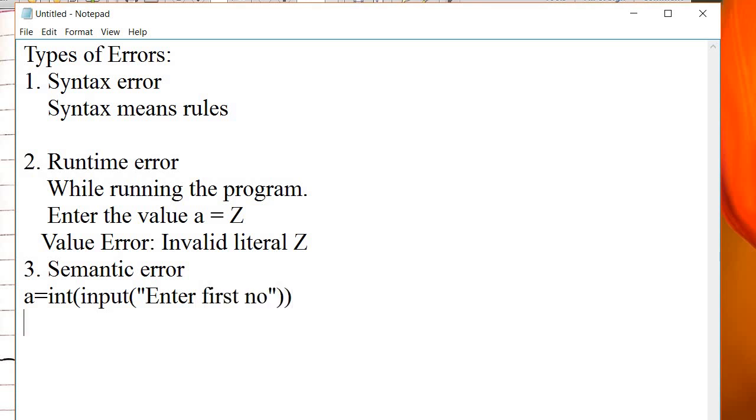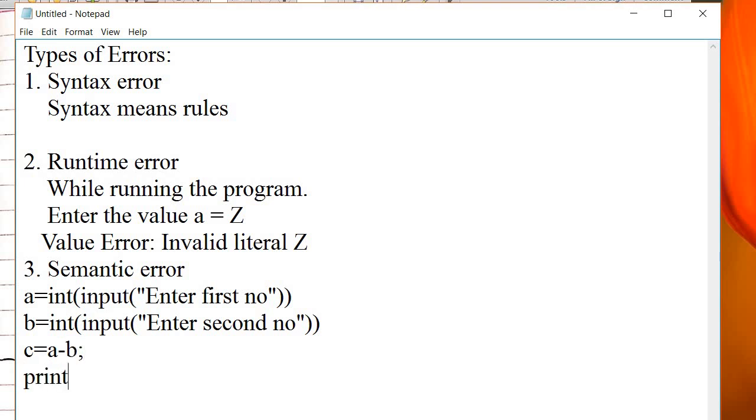Then b equals int of input, enter second number. Now I have to find c equals a plus b, but what I do, I write a minus b. Wrong. Then I print addition is c. Is this program correct?